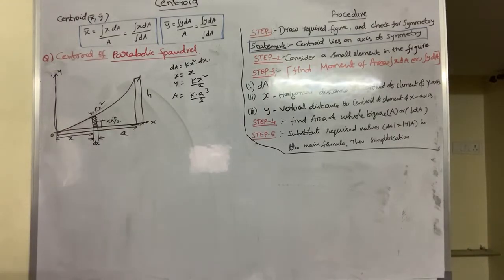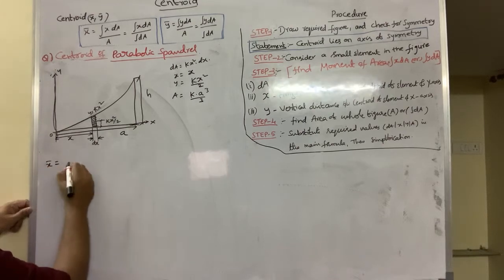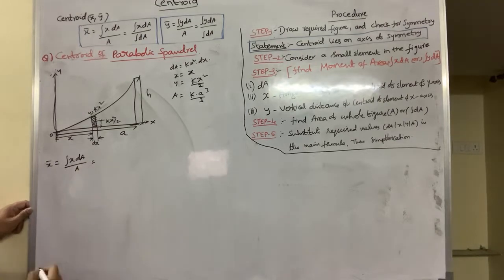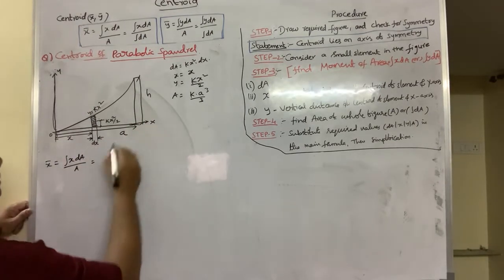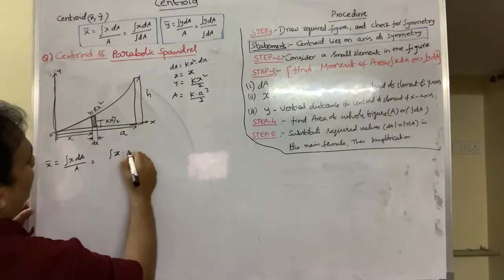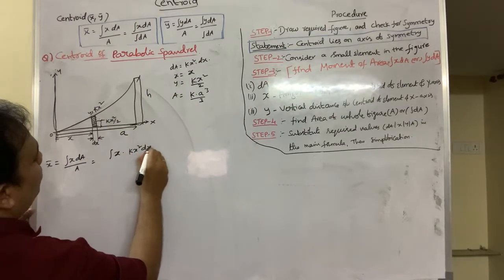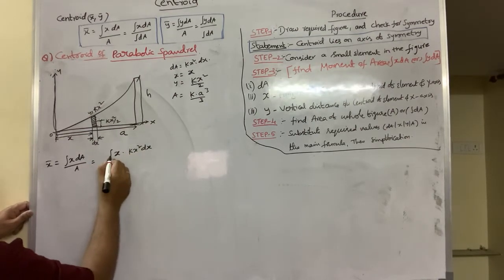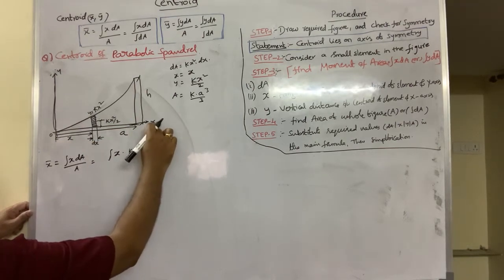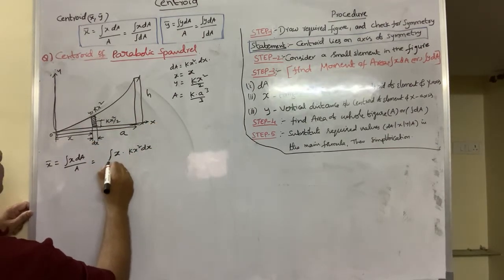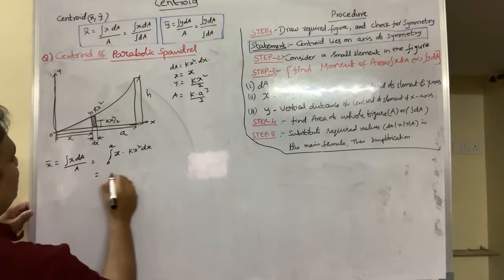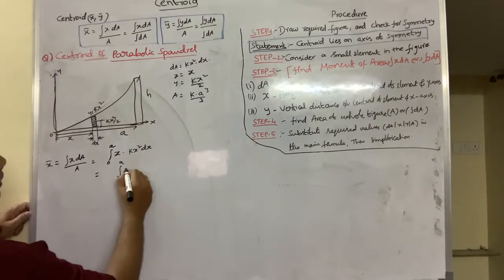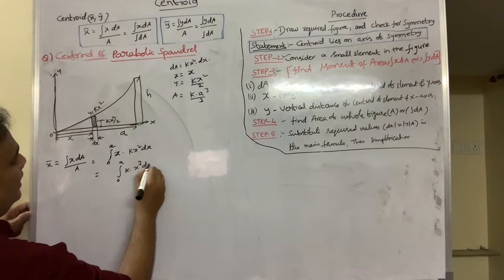So let us find out x bar now. X bar is equal to integration x dA by capital A, where x is x, and dA is kx square into dx. As this corresponds to the x value, the limits in the horizontal direction are 0 to a. That is k into x cube dx.